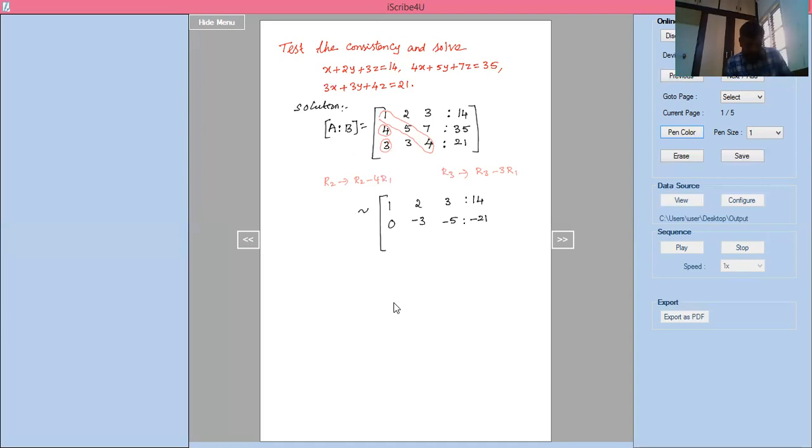R3 implies R3 minus 3R1: 3 minus 3 is 0, 3 minus 6 should be minus 3, 4 minus 9 should be minus 5, and 21 minus 42 is minus 21.